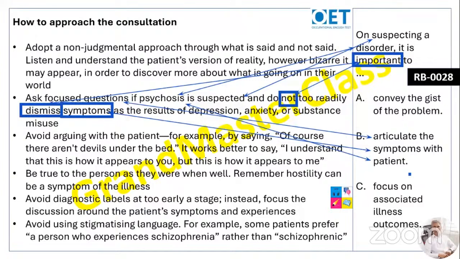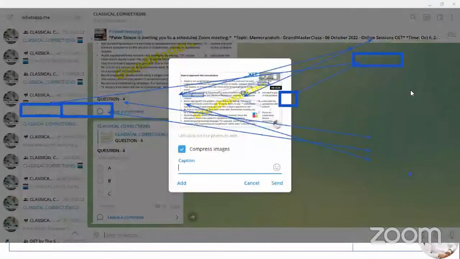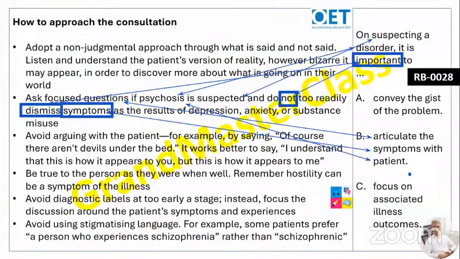Don't think that this is the only answer. You are one person, so you can find the answer in one place. Then one person showed me this, and many other people showed many different answers. I'm showing you all are right. Answer is found everywhere. So now let us see the second option here.